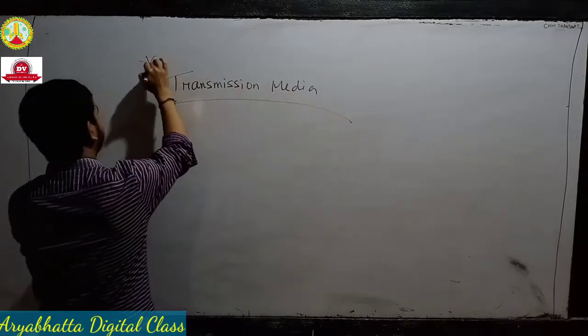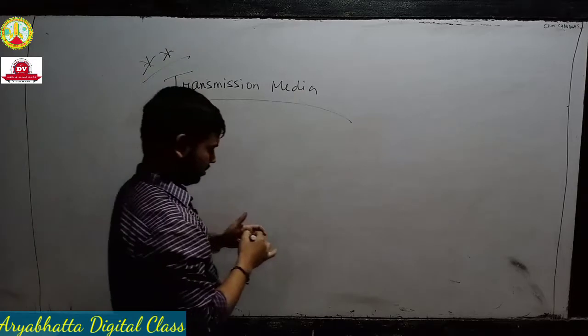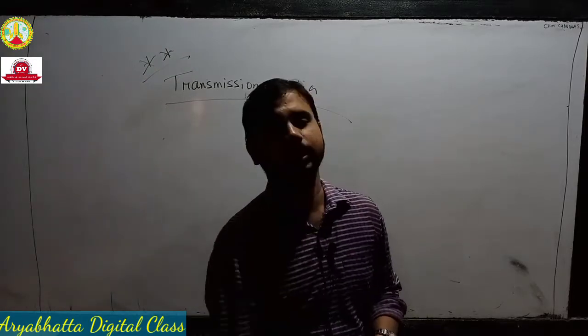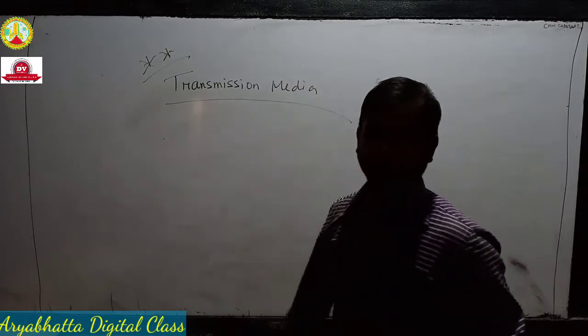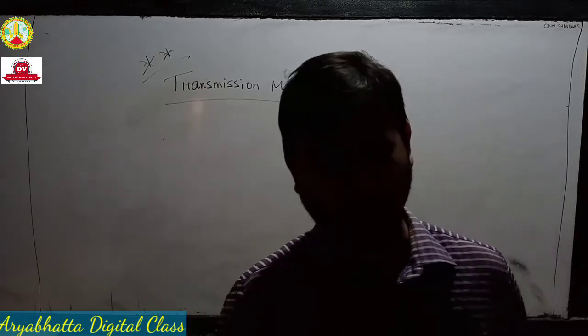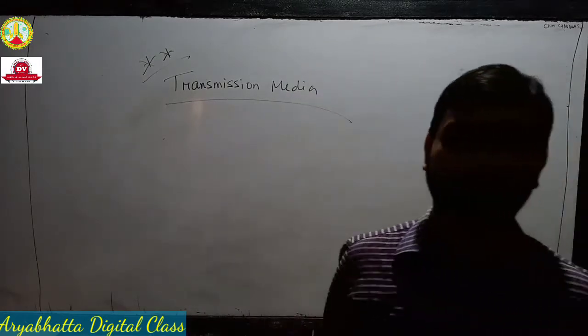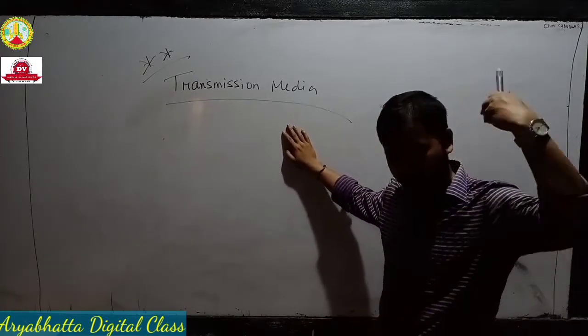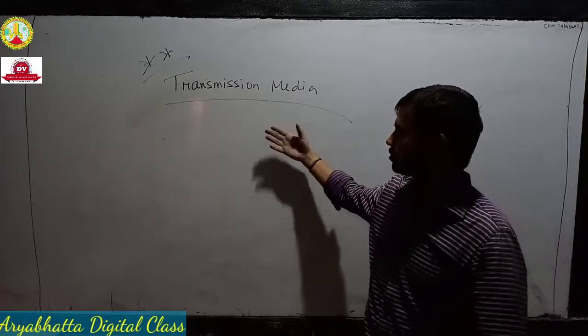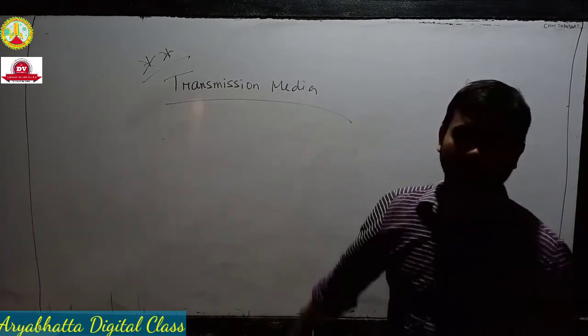Every year, I am sure, in the final exam, at least one question comes from that topic, transmission media. One or two at minimum, and many times for 3-4 marks. You just check the question numbers. Every year, a minimum of 3-4 marks or more comes in the final exam.